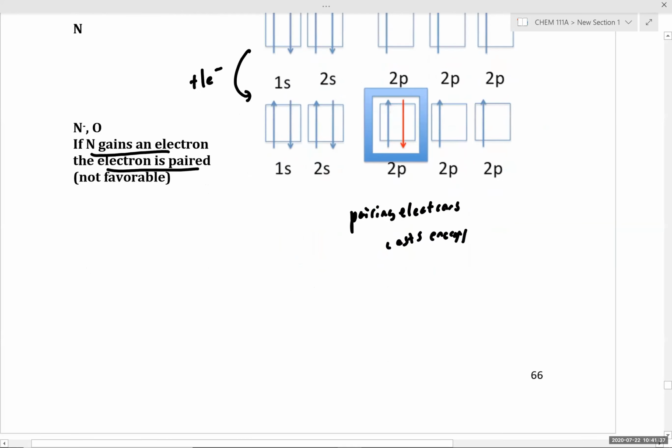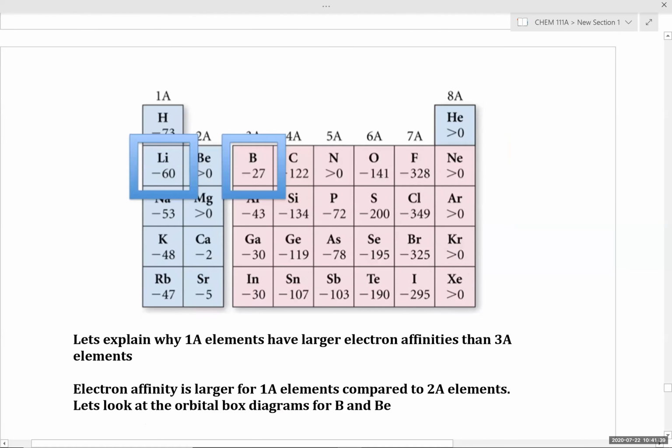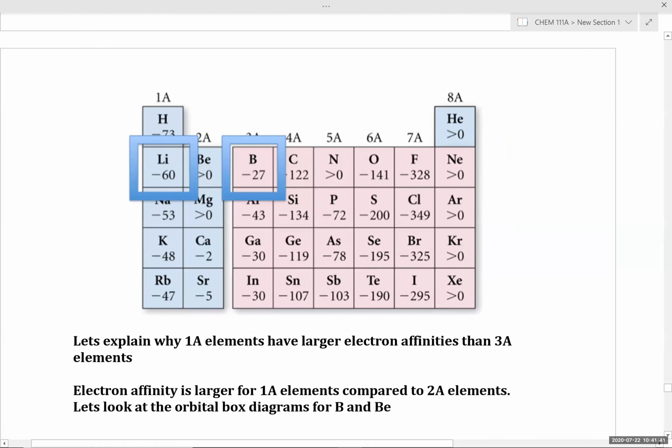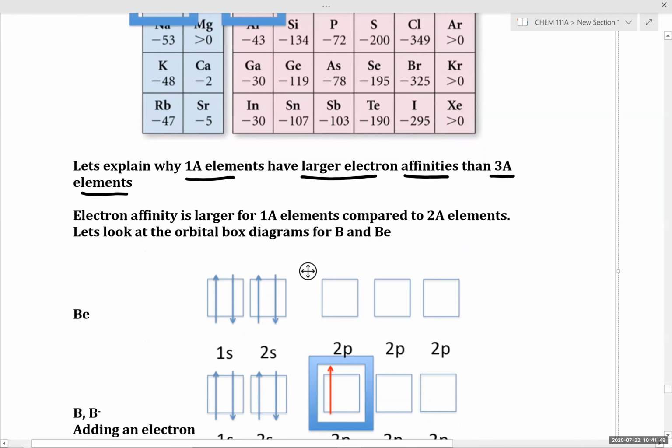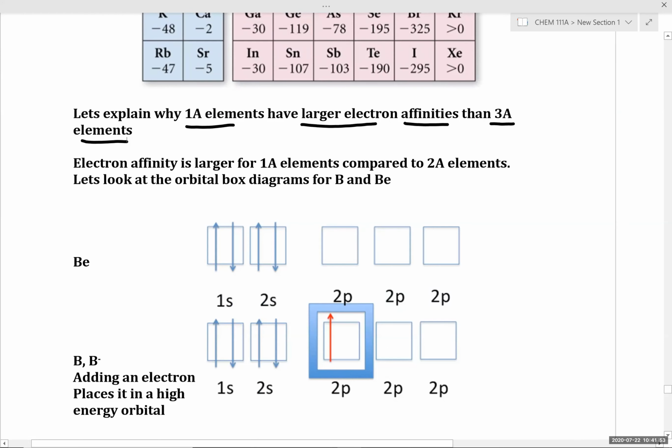Okay, so let's keep going now, and let's look at another example, and let's explain why 1A elements have larger electron affinities than 3A elements. So the electron affinity is generally larger for 1A elements compared to 2A elements. So let's start by looking at 2A elements.